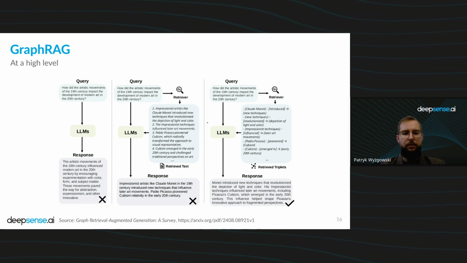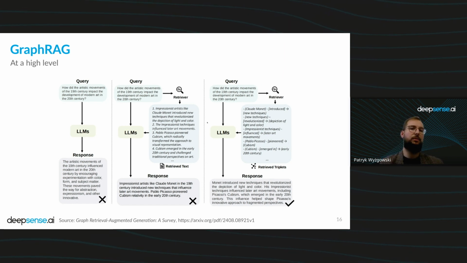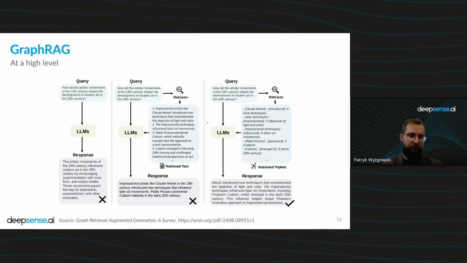I would like to do some interruption here because GraphRAG is a pretty new term. The concept of using graphs and RAG together has been there for at least a year, but only with Microsoft's paper about GraphRAG was there a boom of interest in this particular approach.